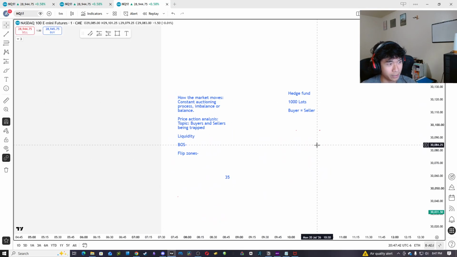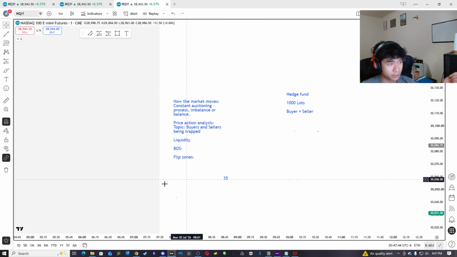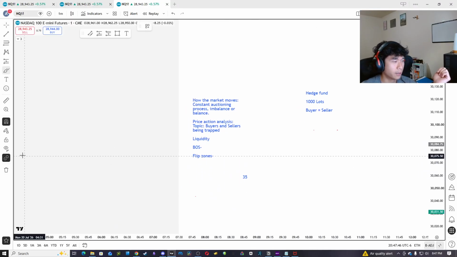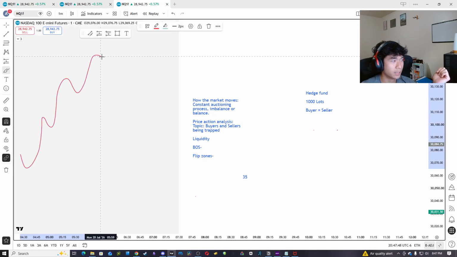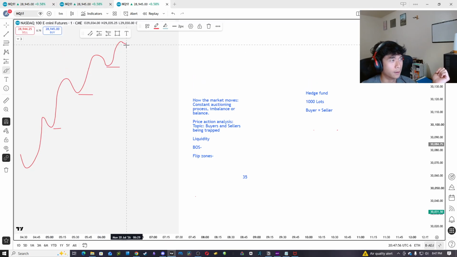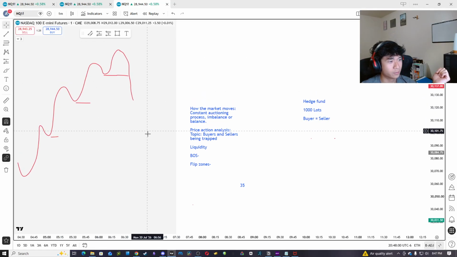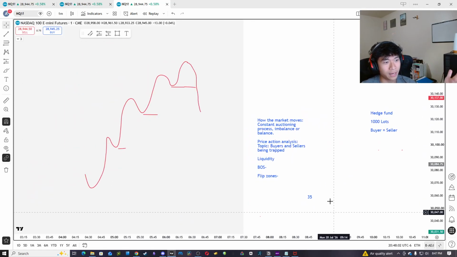There are different ways to spot it. Break of structure is essentially how price moves. When you see one clear direction and you track the market structure and these swing lows and swing highs, seeing price cut through them, that is a break of structure. And again, you see plenty of these on the chart.